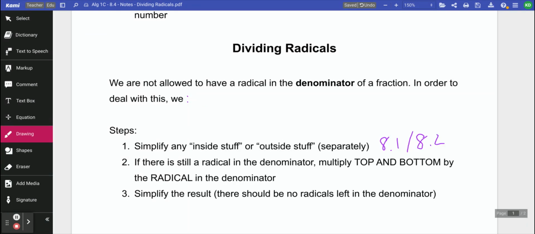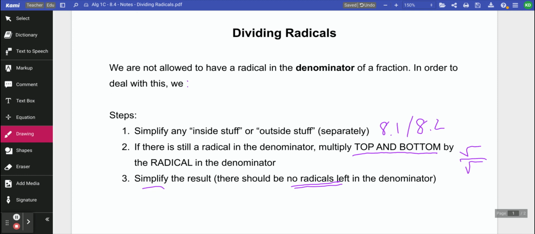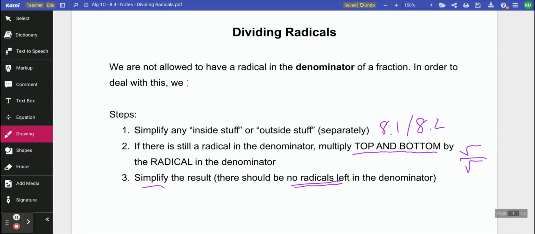If there's still a radical in the denominator, we multiply both the top and the bottom by the radical in the denominator. So we're going to make a fraction that's the same thing on the top and the bottom. Then we're going to simplify, and there should be no radicals left in the denominator. If after doing this process there are still radicals left, we may have done something wrong, or maybe didn't multiply by that radical in the denominator.